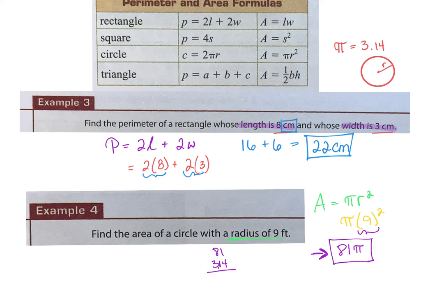In the book, it goes on and it actually multiplies this out with decimals, and it gives you this pretty big number. What I do want to point out is that it is feet squared. So, while you have 81 pi here, it is feet squared. The reason it is squared is because we're talking about area.